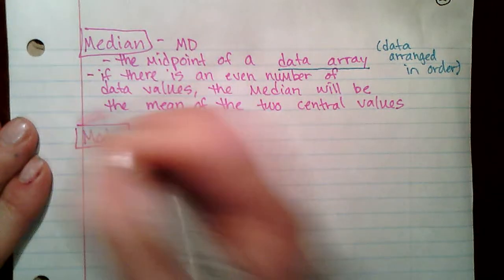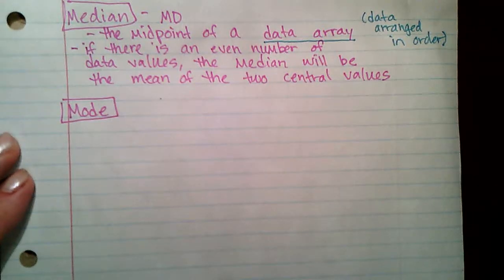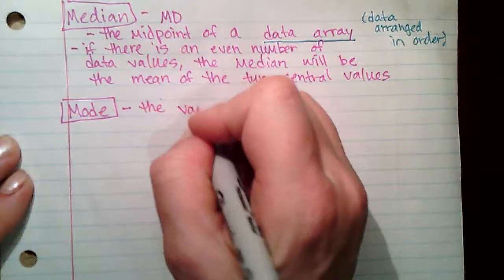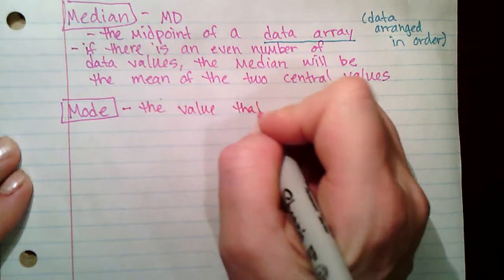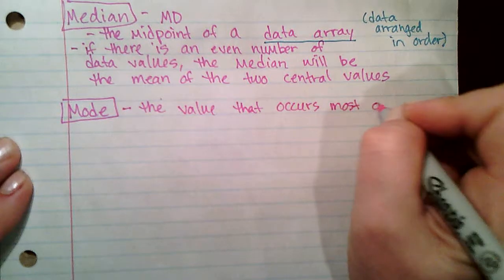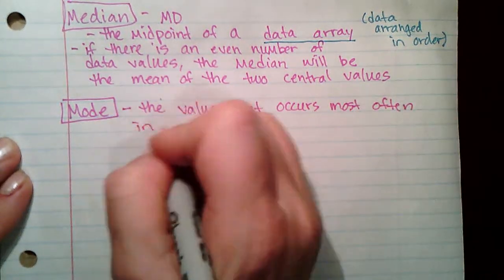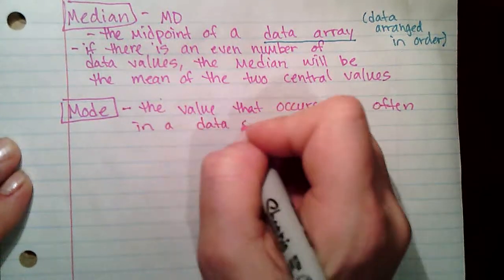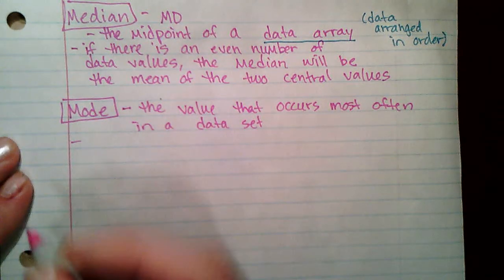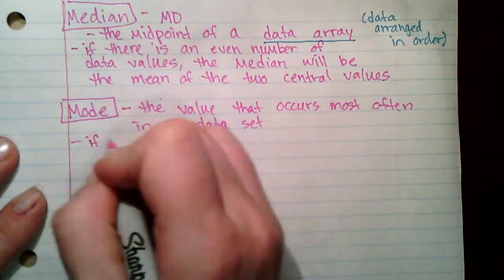Moving on to mode. Now, mode is a pretty simple concept. It's the value that occurs most often in a data set. However, there are some guidelines for what happens if there's no data value that occurs more than once, or if there's a tie or something like that.